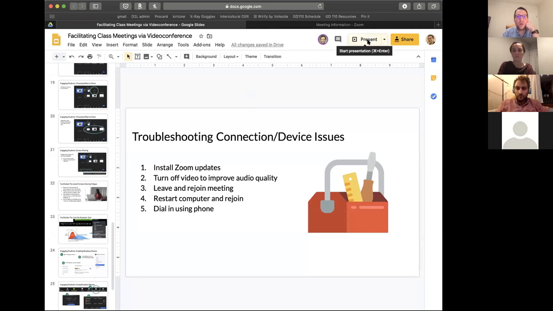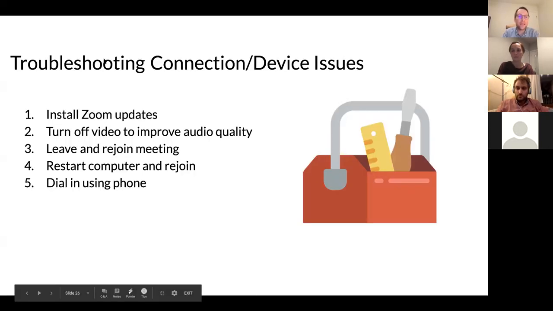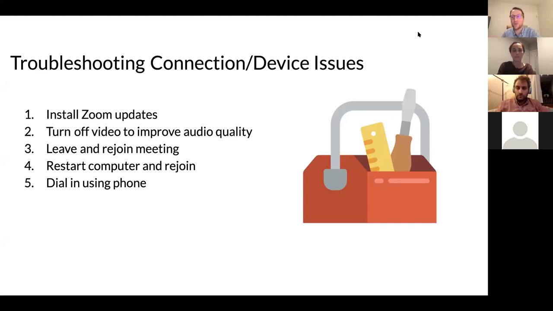Okay, so generally speaking, there's a couple things that are my go-tos when there's trouble. First of all, I try to warn the students if they can to check for Zoom updates. It's very similar to any other piece of software: if you're in a Zoom meeting or you've clicked the application, if they've already installed it, there's an option in the main menu bar to look at your Zoom settings or preferences, and within that same spot is where you can check for updates.